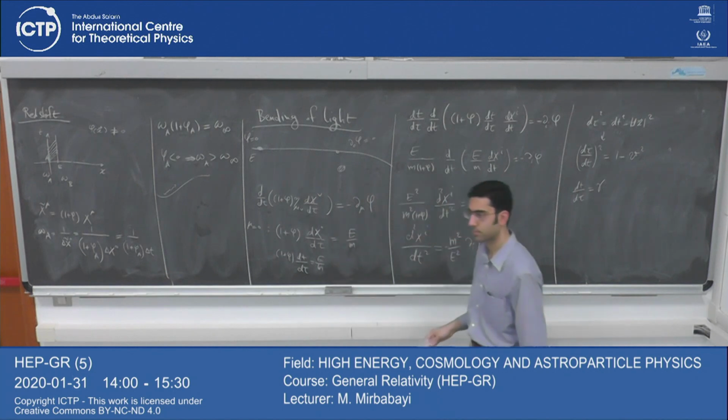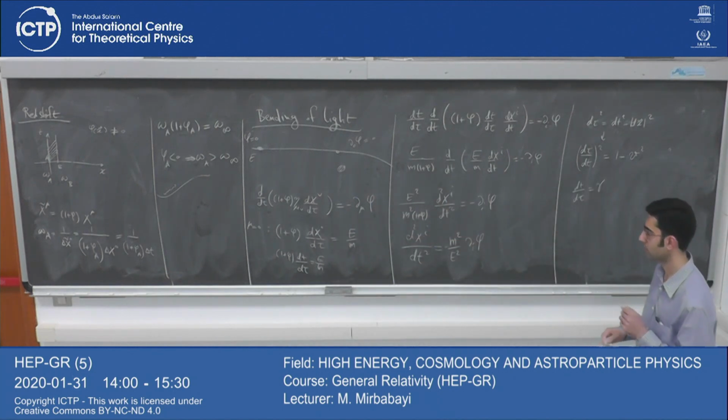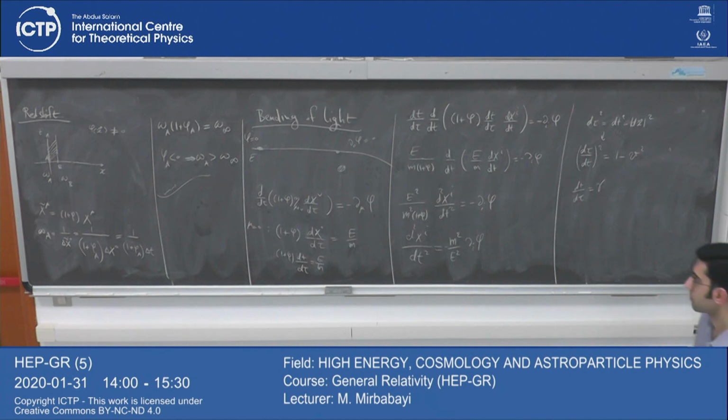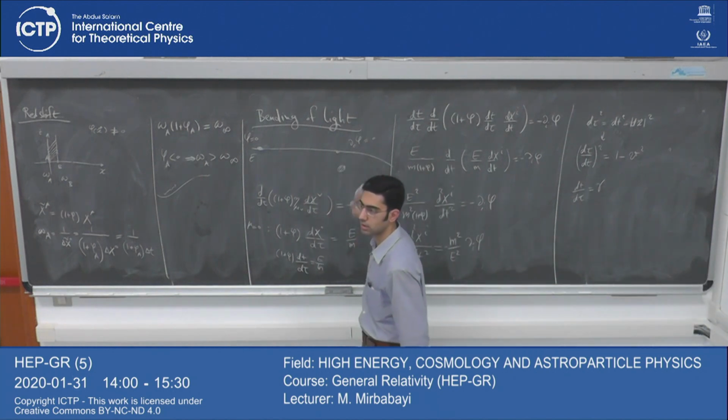But now we have to understand what is the meaning of t. It is the time coordinate used by an observer at infinity. Here is just our coordinate system that we are using.